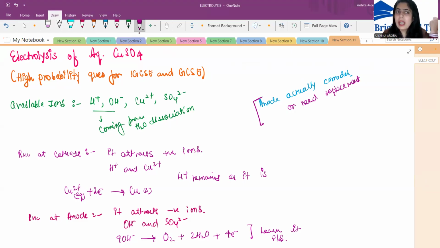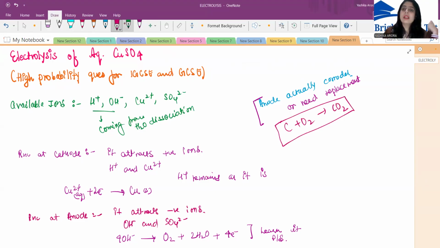There is no way you can guess it. The answer is that O2 is getting liberated at the anode, and the anode is made up of carbon. So carbon plus O2 forms CO2. So your electrode starts reacting with oxygen. That's why your electrode needs replacement after a few electrolysis reactions taking place at it. This question comes, so pay attention and note it down.